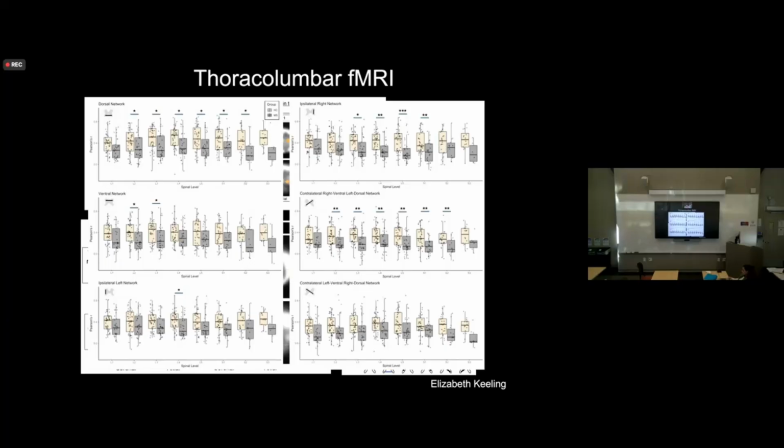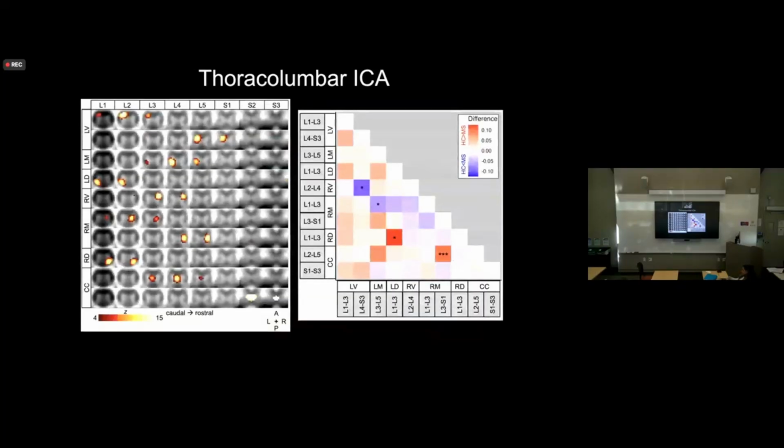And this opens up now the opportunity to start looking at the functional differences in the top part of the cord from the bottom part of the cord, develop similar connectivity matrices, and identify that indeed, again, we see some areas that appear to be less connected than healthy controls and some areas that appear to be more connected than healthy controls. So there's still yet a lot to analyze there and understand.